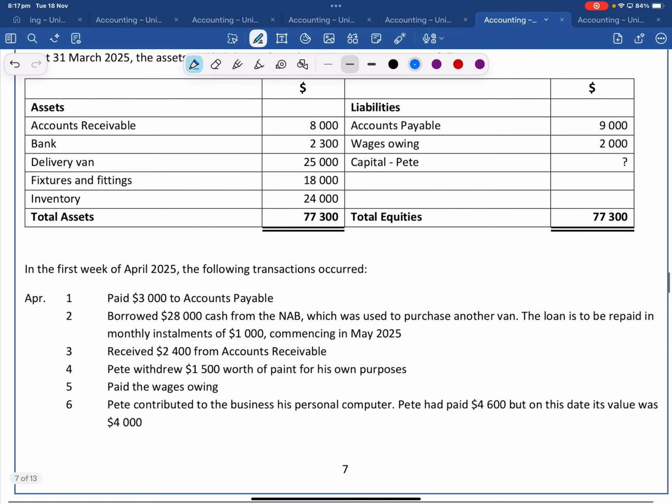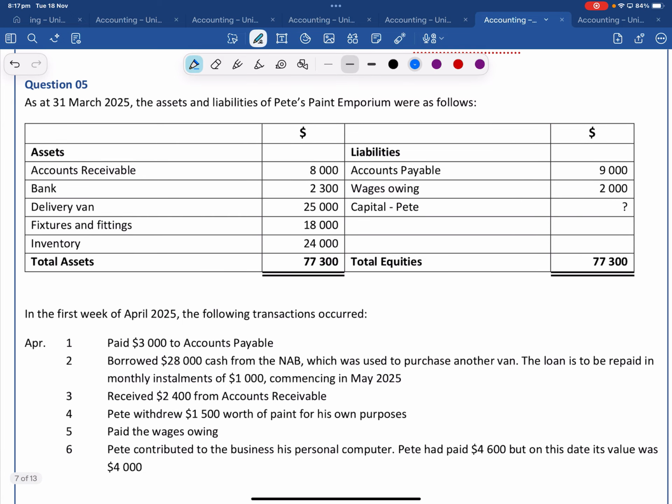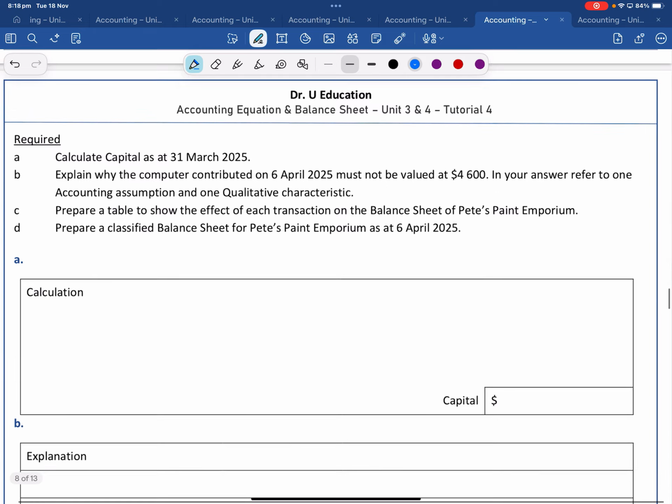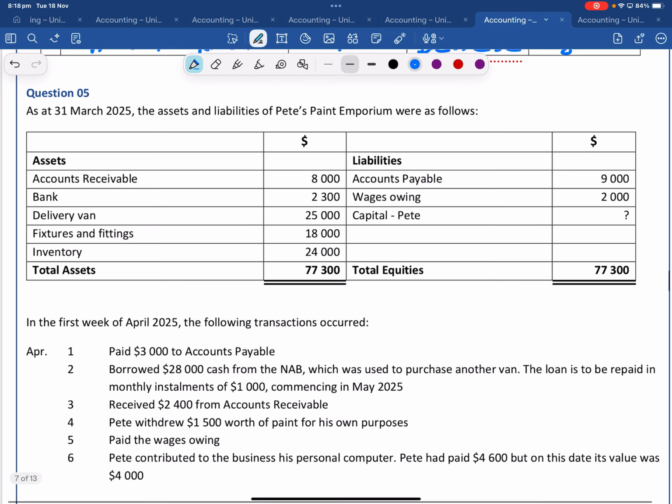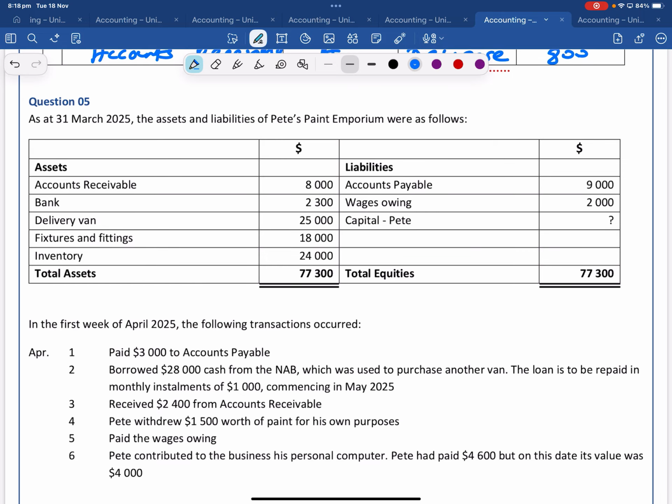Okay. Now this question number 5 is a possible VC question. All right, guys. Now, firstly, how do you approach this question?